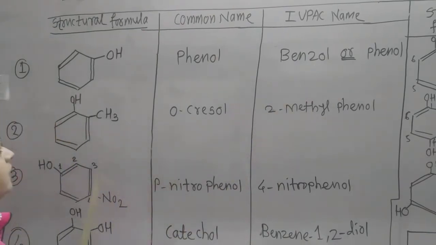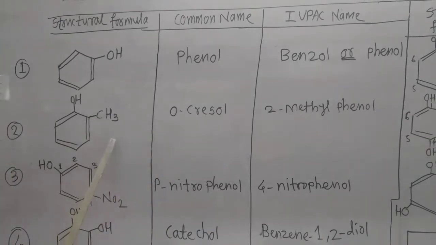Now here the substituent methyl group is attached to the benzene ring, at the ortho position of this OH group. Commonly, if such a methyl group is present at the ortho position of the OH group attached to the benzene ring, it is called orthocresol.